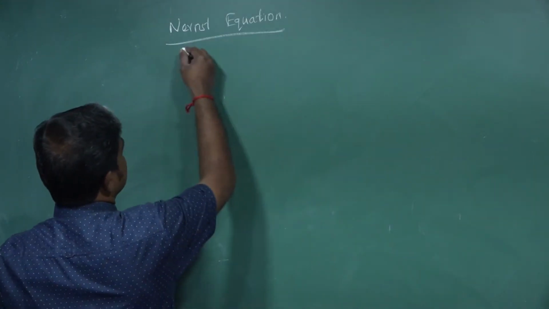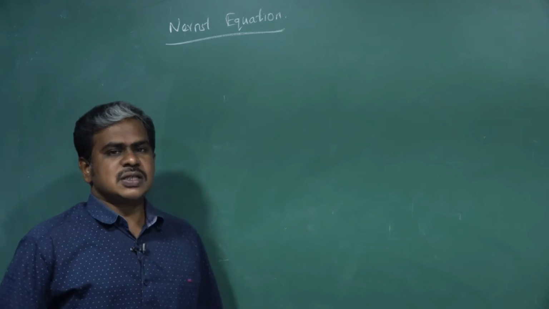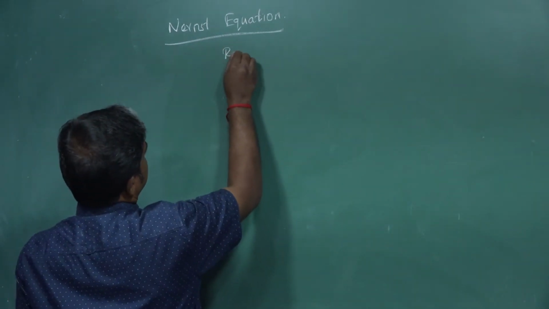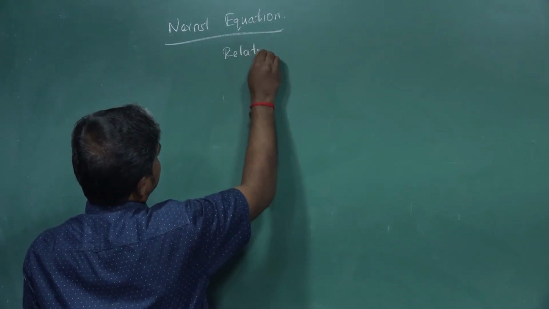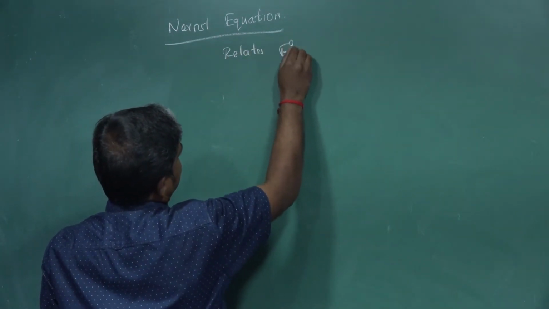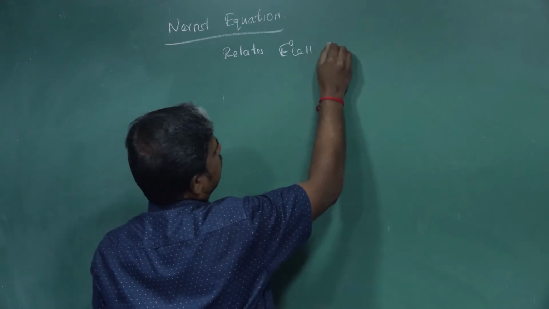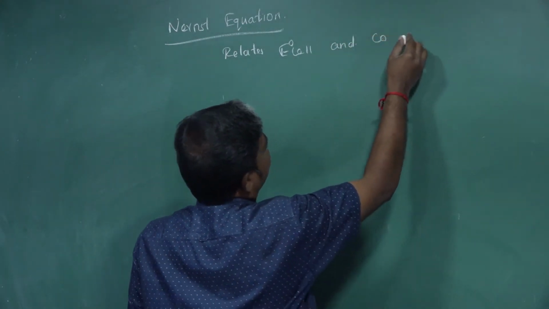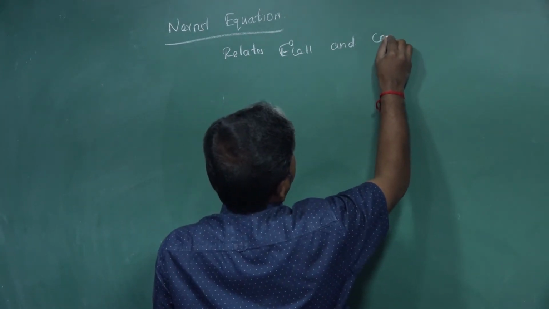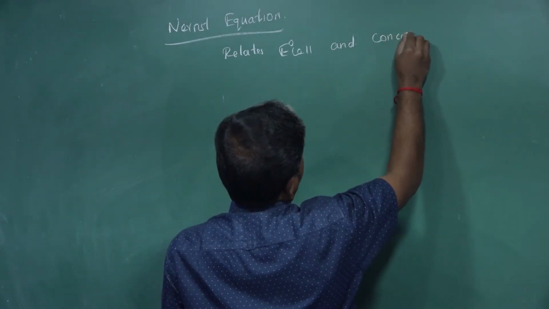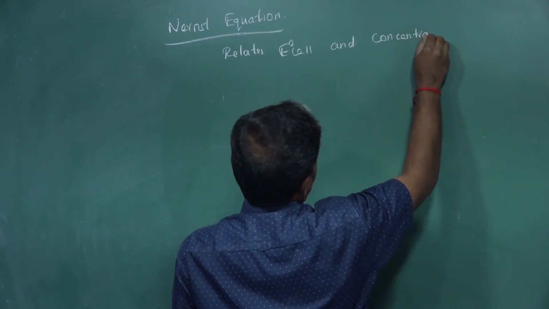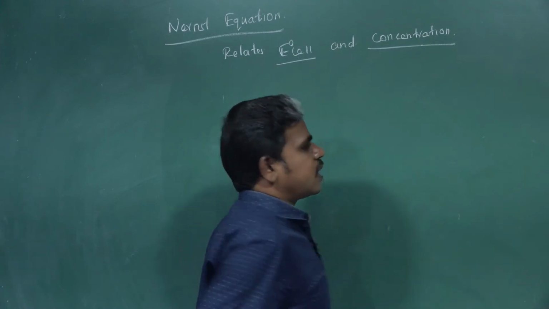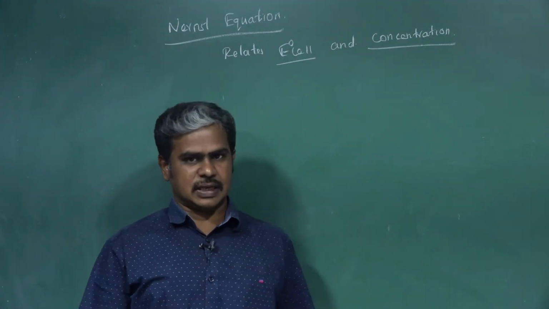Now we may discuss the Nernst equation. The Nernst equation relates the E naught of a cell and the concentration of the aqueous solution taken in the galvanic cell.